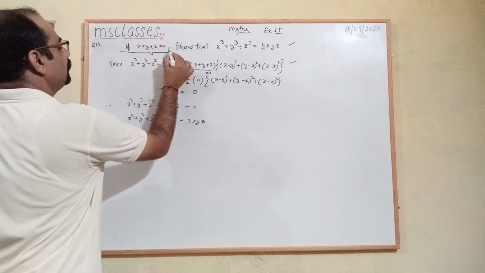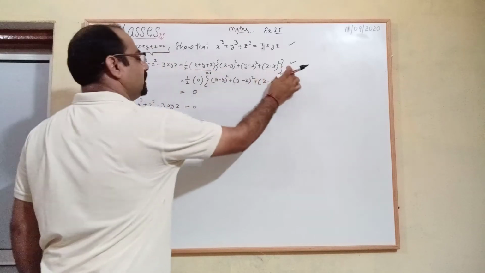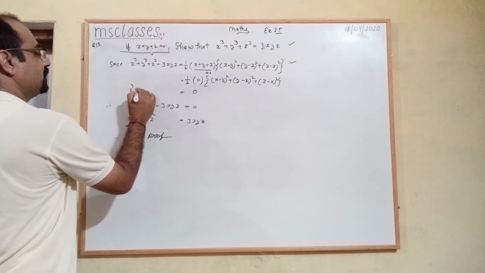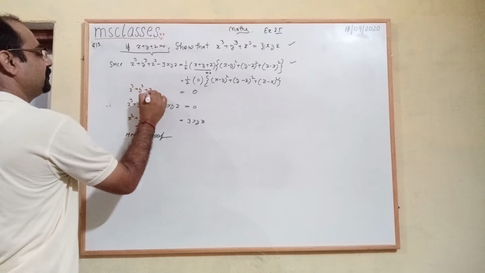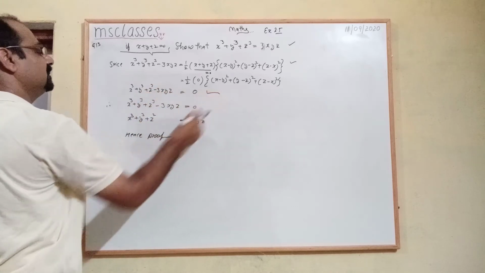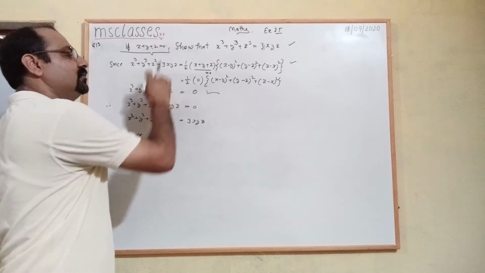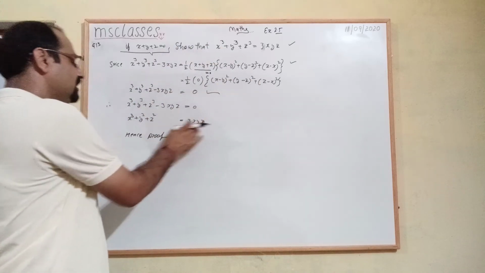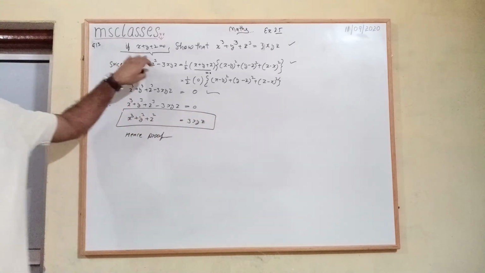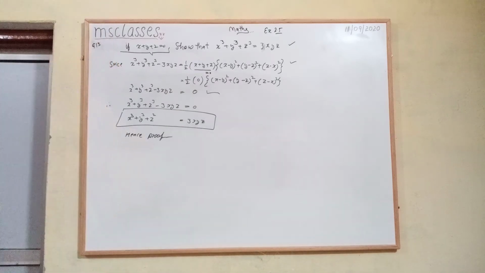When you put the value of x plus y in the identity, you will get x cube plus y cube plus z cube minus 3xyz is equal to 0, and after taking minus 3xyz to the right side it becomes positive, and this is your solution. Hence proof.